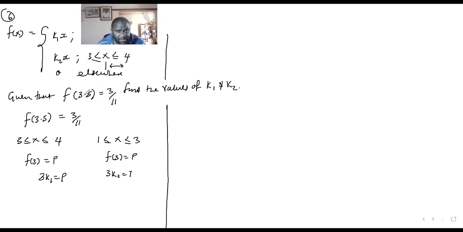The question was saying, given that f of 3.5, which is in the range up to 4.